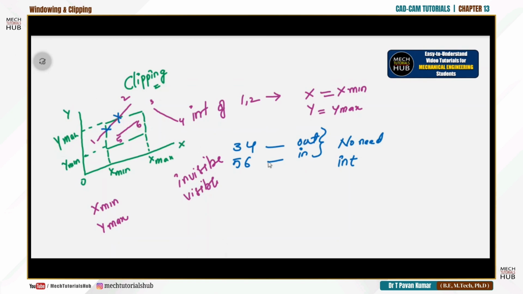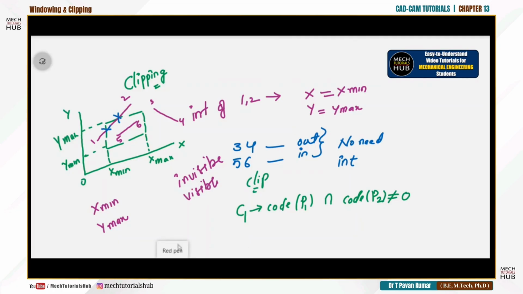For example, I'll put a simple equation in front of you. For this clipping, there is a simple equation that needs to be followed. Let us imagine the first intersection as P1, and the second intersection as P2. Let me write it in red so that you understand better.